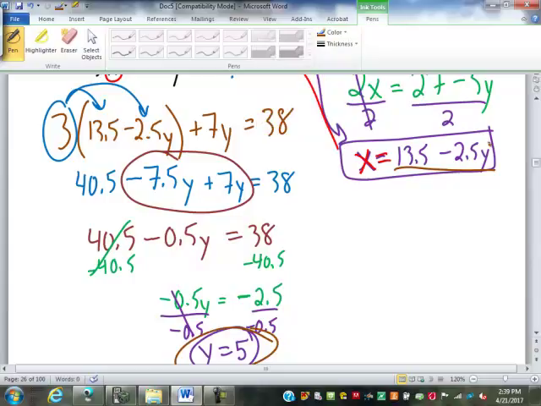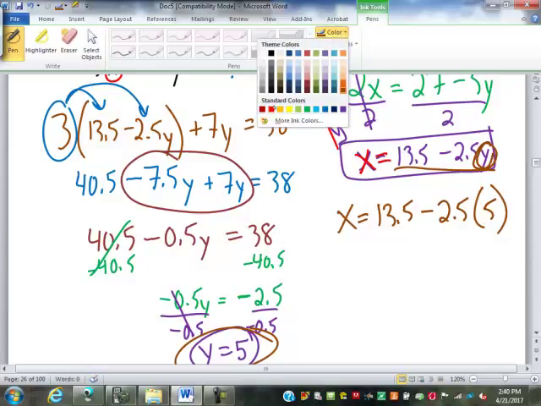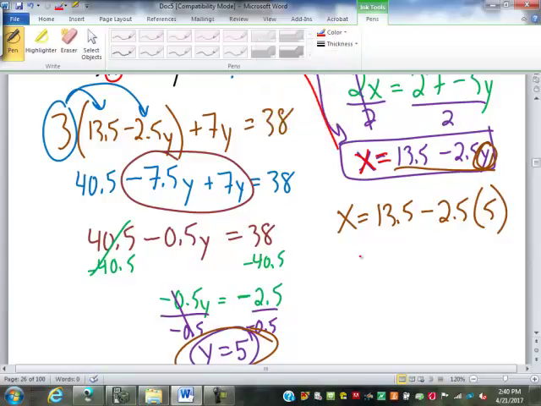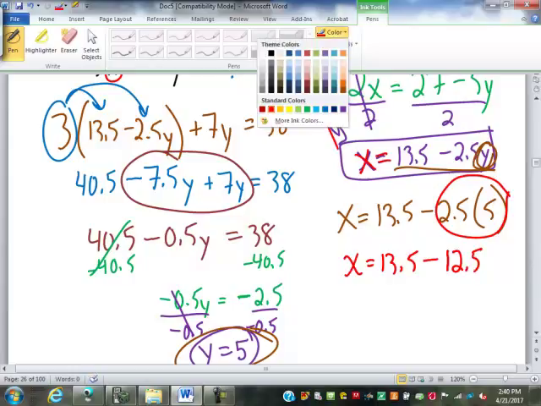Now I'm going to bring that up to this equation right here to find x. X equals 13.5 minus 2.5 times y. Well, I'm going to replace y with 5. So this is x equals 13.5 minus, what's 2.5 times 5? 12.5, good.